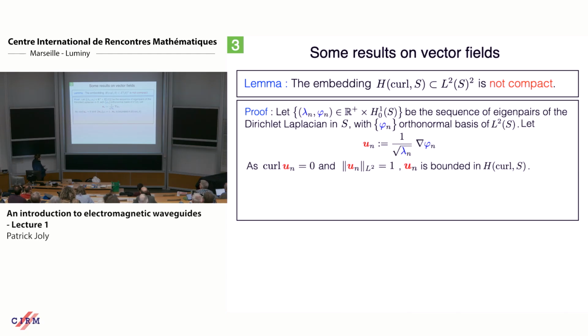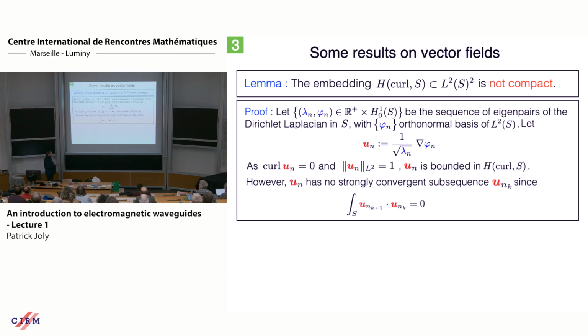So of course, the curl of E is 0 because the curl of the gradient is 0, and it is bounded because I have normalized the eigenfunction. So it is bounded in H curl, and however, it has no convergent subsequence because two different gradients are orthogonal. So two elements of the subsequence are orthogonal in L2, so it cannot have a strongly convergent subsequence.